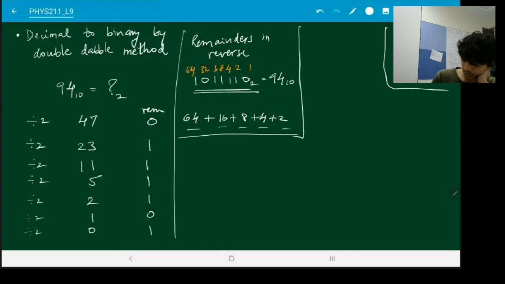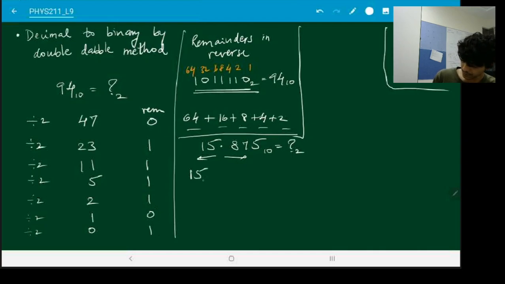So suppose I give you the number 15.875 and I ask you what is the binary representation of this number. So first of all, separate out the before decimal from the after decimal. Just first let's look at 15.